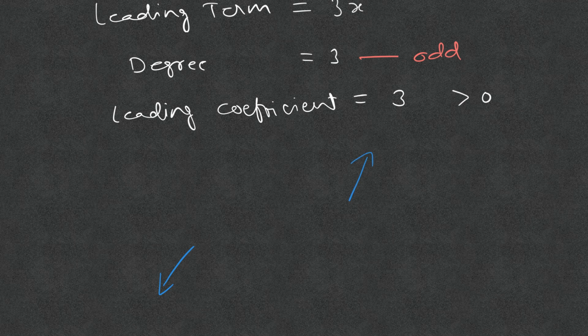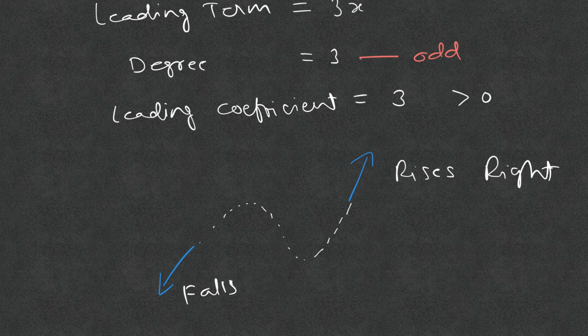Since the degree is 3, this graph may have at most 2 turning points. Rises to the right, falls to the left.